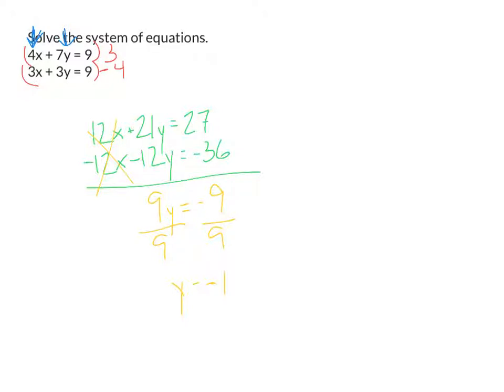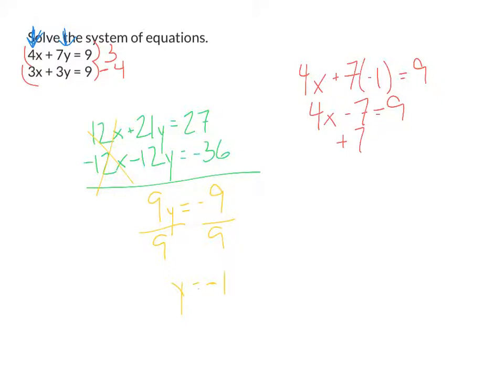Very nice. So let's plug that in. I'll use the top one again. 4x plus 7 times negative 1 equals 9. 4x minus 7 equals 9 then, once we do our multiplication.